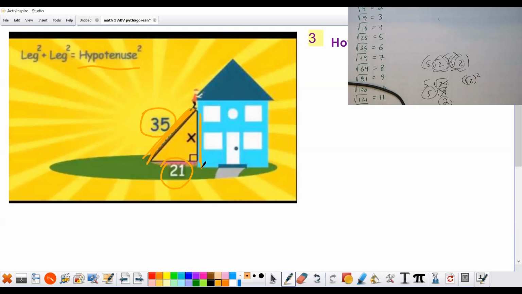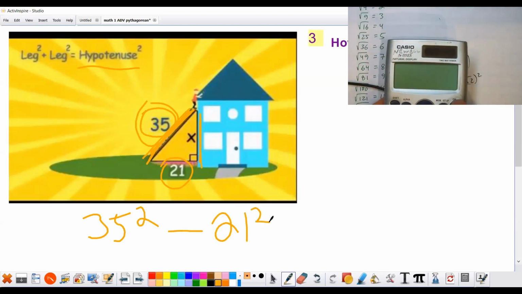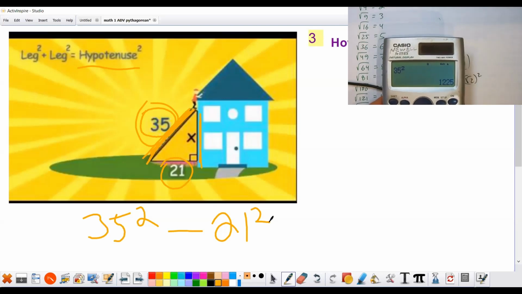So let's do Pythagorean theorem. And I got the big piece, so let's go 35 squared, subtract 21 squared. I definitely got to pull the calculator out to do this because the numbers are so big. 35 squared minus 21 squared, and I get 784. So he's not 784 feet. Oh, square root. Square root of 784, 28.